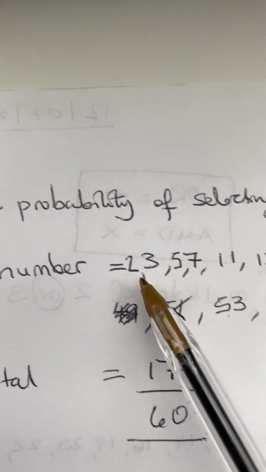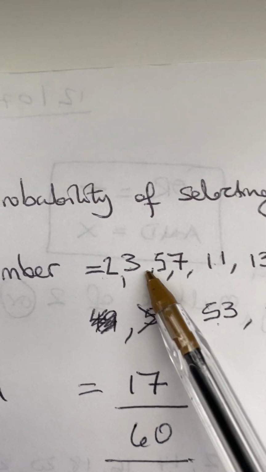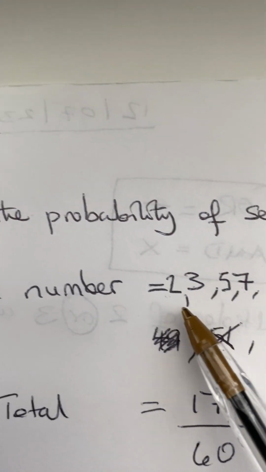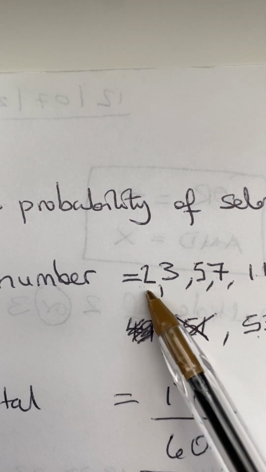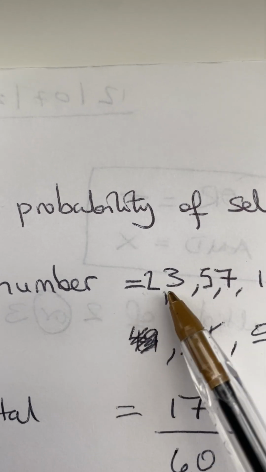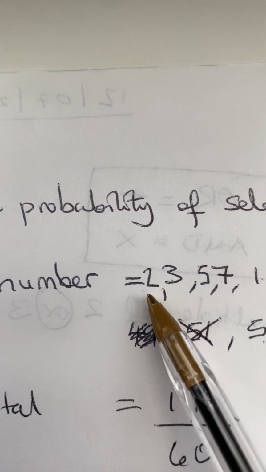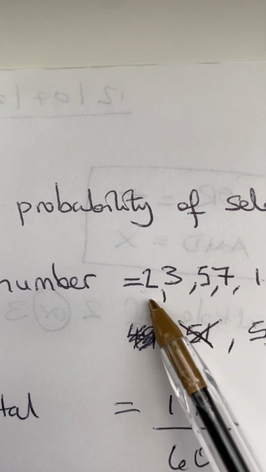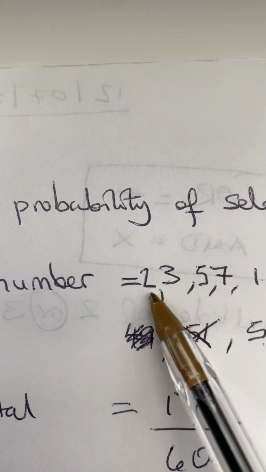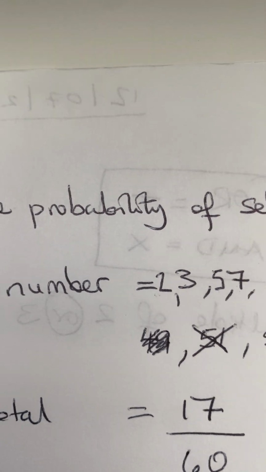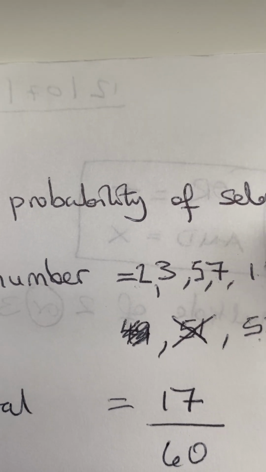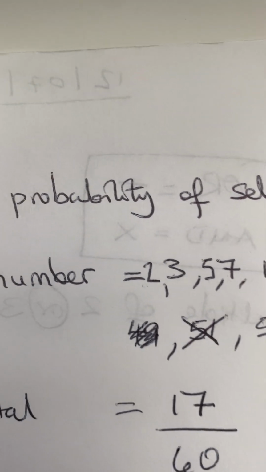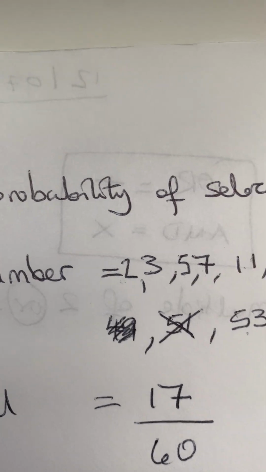So here we have 2, 3. All these numbers have factors that are 1 and the number. So you can divide the number by itself and get 1, or divide by 1 and get the number. That is it. So 4 divided by 2 is 2, so 4 is not a prime number. We've done this.